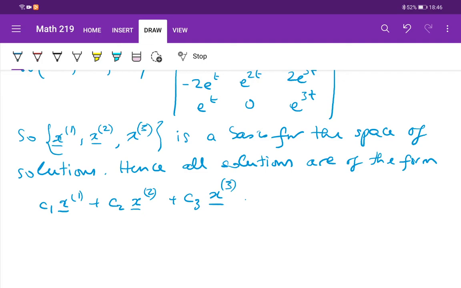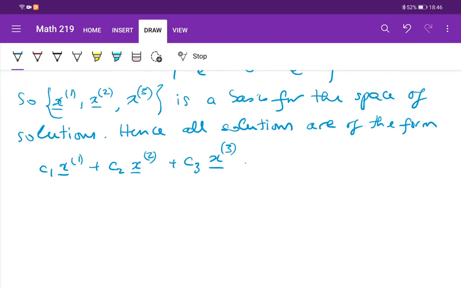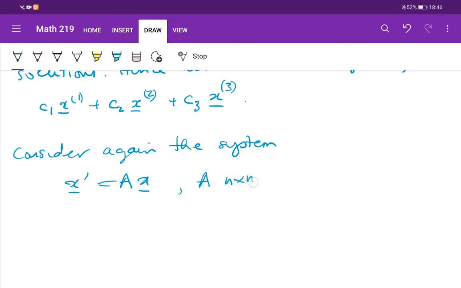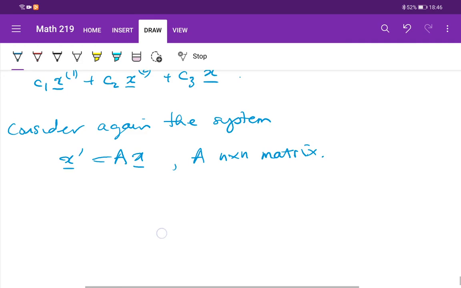Let's say something in general now. So let's consider again the system x prime equals Ax, where A is an n by n matrix. So let's consider what can happen.